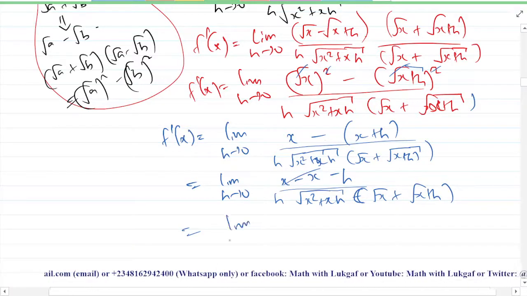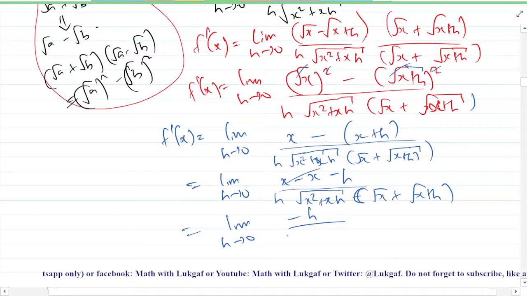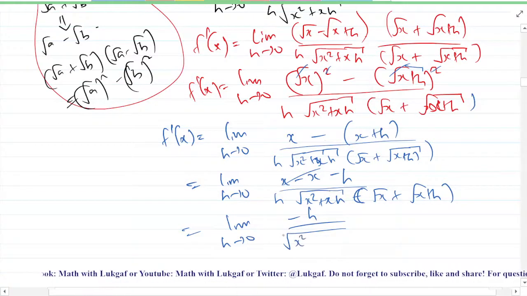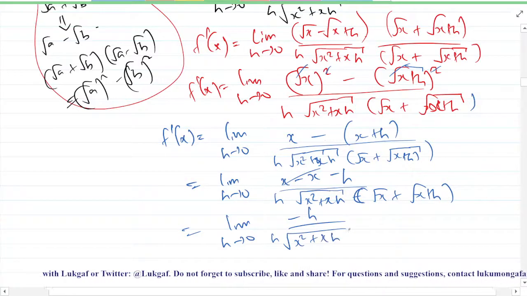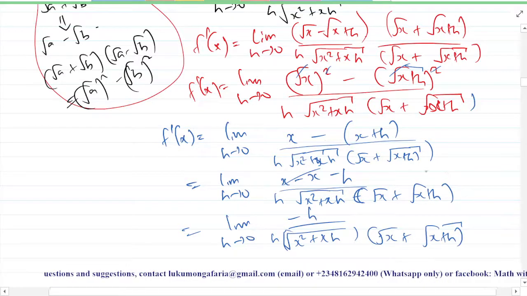Then I'm going to have limit as h tends to 0, minus h divided by square root of x squared plus xh, root x plus root x plus h. So then you will see that h cancels h.